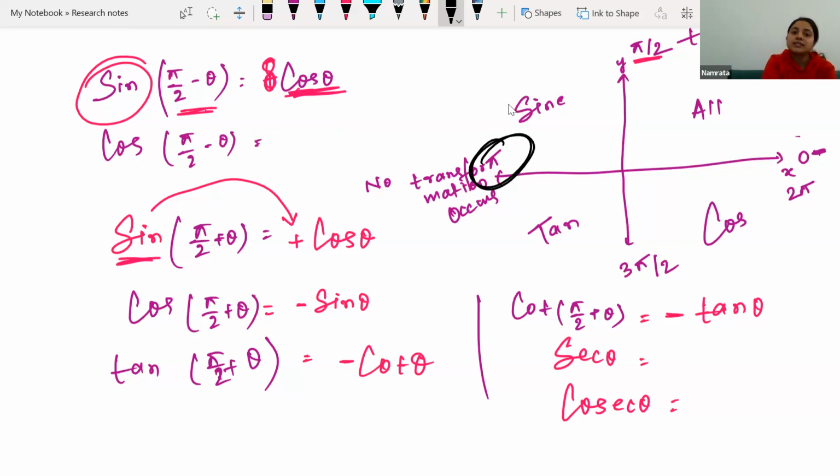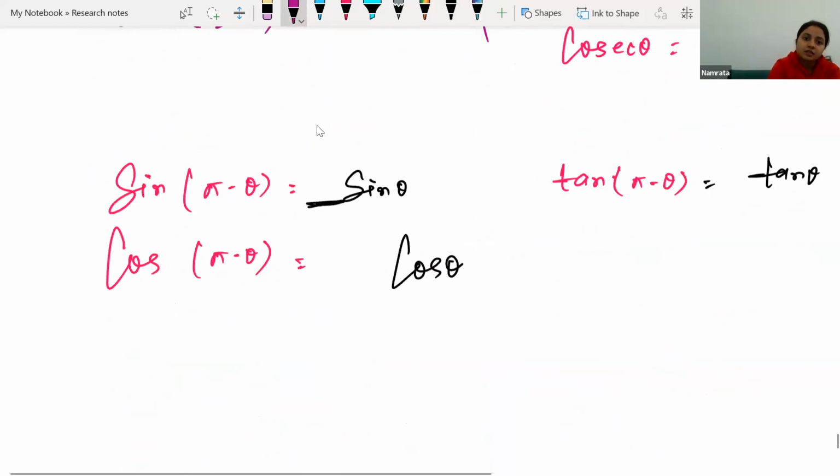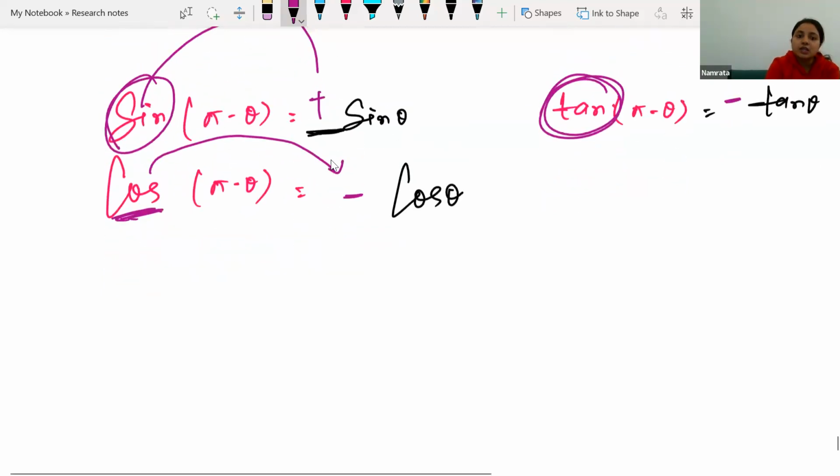In the second quadrant, sine is positive, so whatever result it gives will be positive. In the second quadrant, tan is negative, so the result has to be negative. In the second quadrant, cos is negative, so whatever result it gives will be negative. Okay, similarly we can understand for sine pi plus theta also.